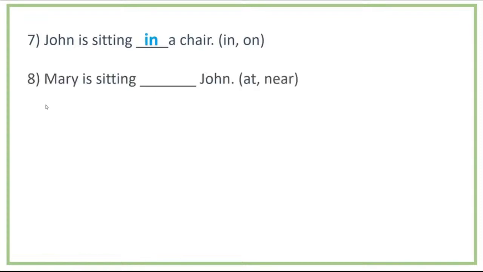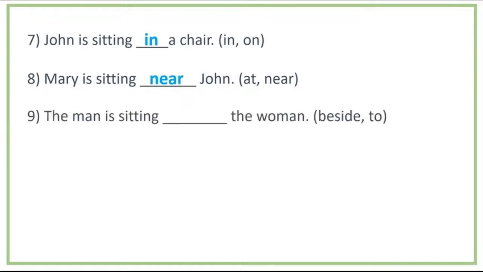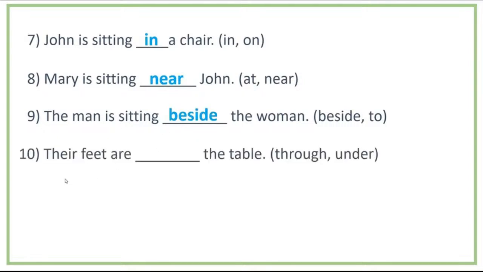Number 8. Mary is sitting blank John. At or near. Answer is, Mary is sitting near John. Number 9. The man is sitting blank the woman. Beside or to. Answer is, the man is sitting beside the woman. Number 10. Their feet are blank the table.